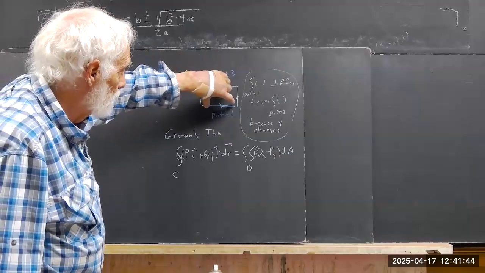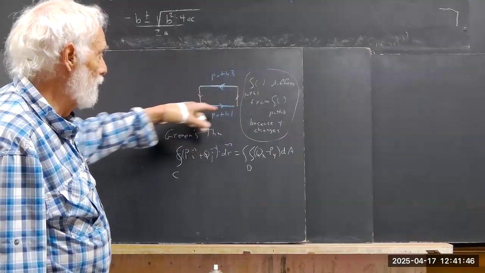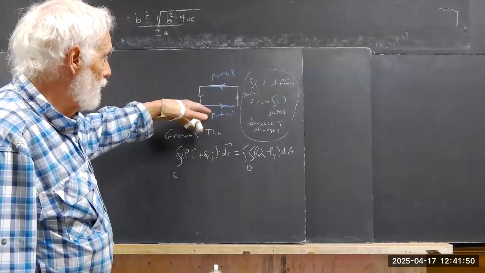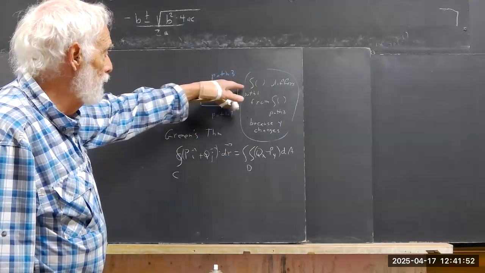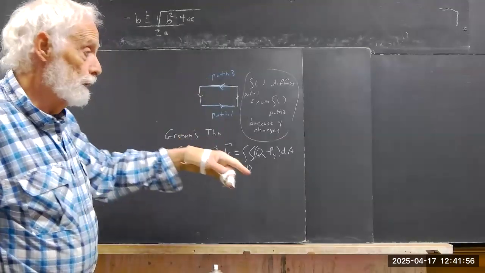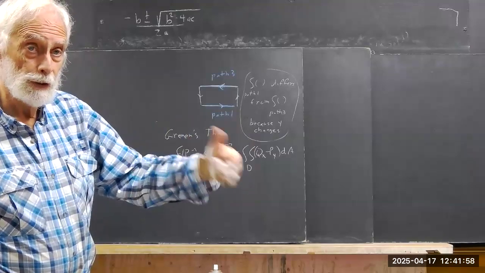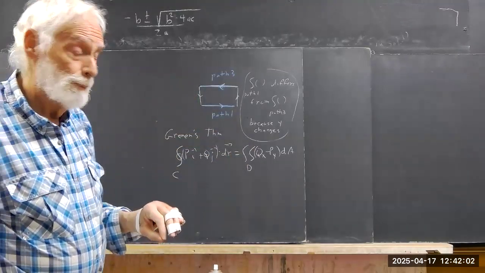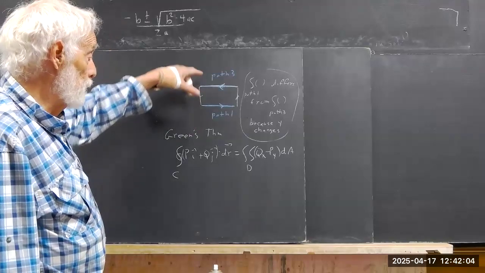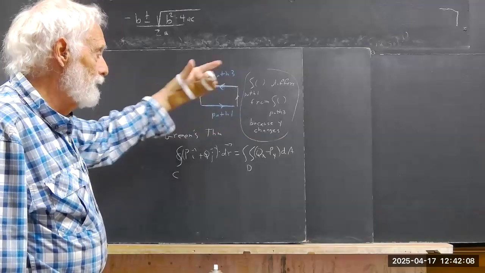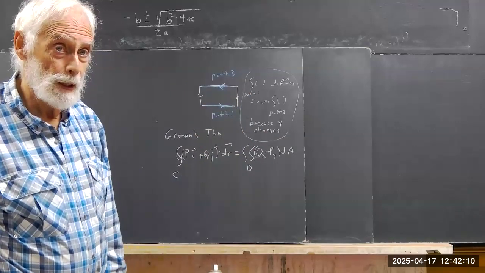If this path was right on top of this path, you'd get zero. Now, when you do this path and then this path in the opposite direction, you're still going to get something pretty close to zero if this function is continuous and your delta y is small. But since y changes between here and here, those two parts of the path differ.